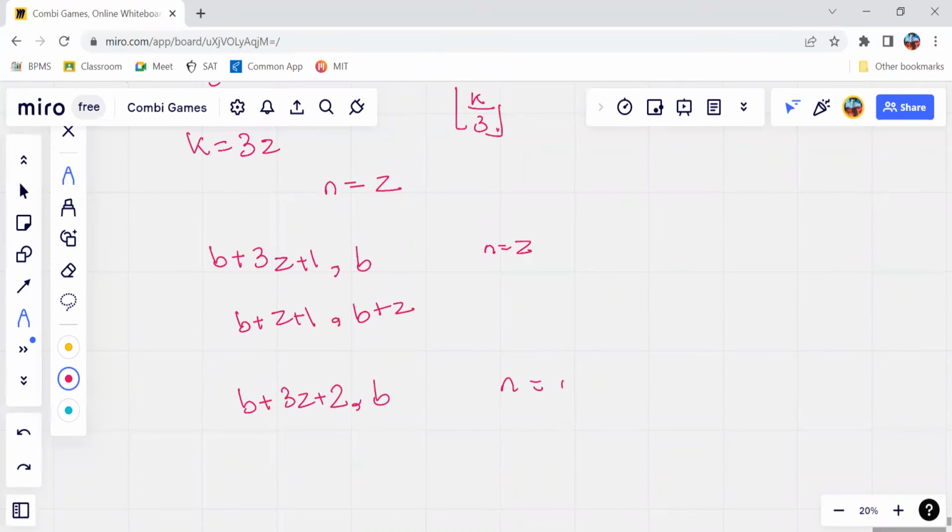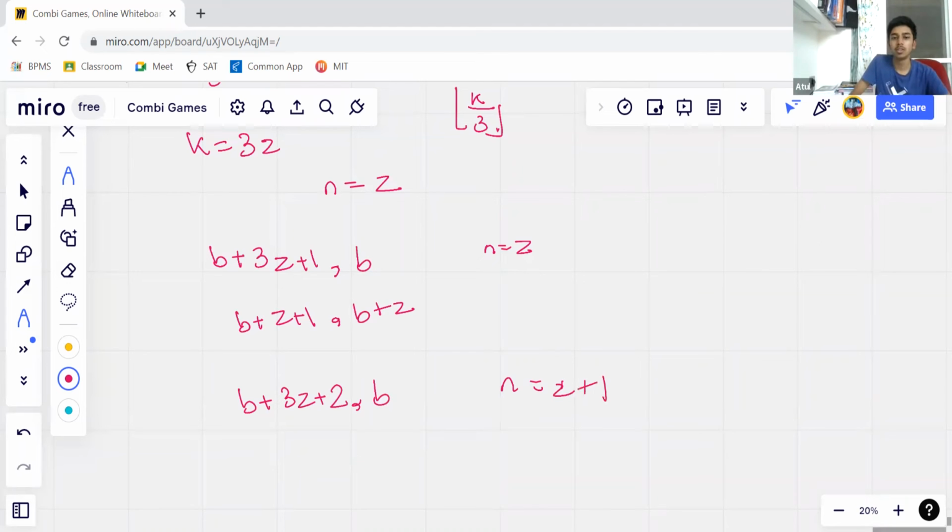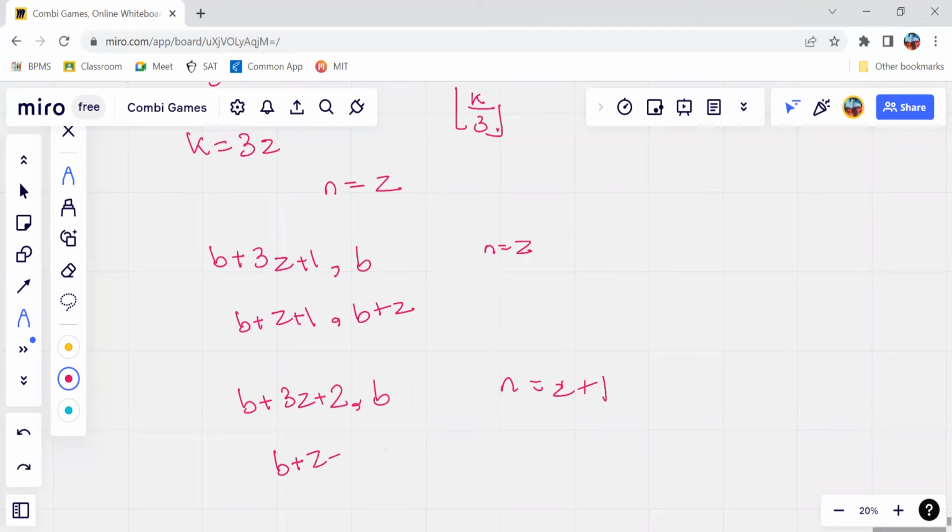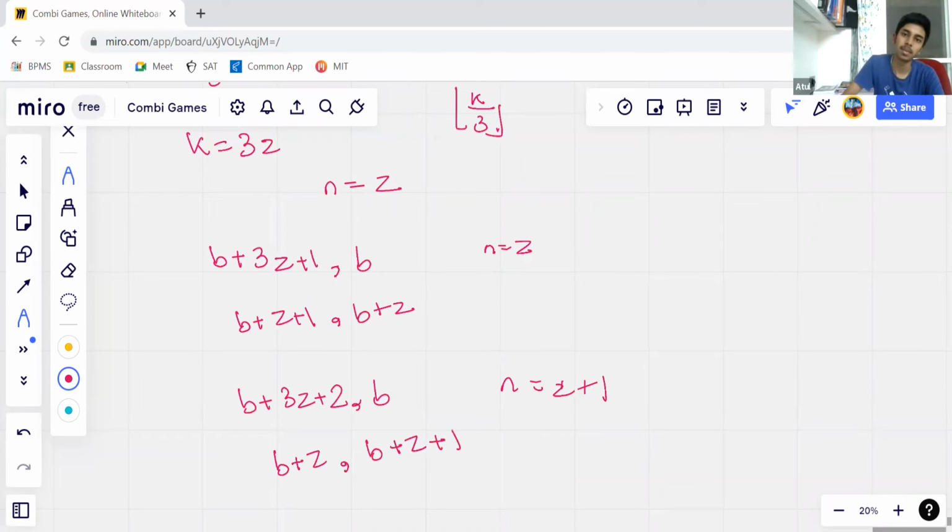So yes, we'll take n equal to z plus 1. So this becomes b plus z, and this becomes b plus z plus 1. And once again, they differ by at most 1.